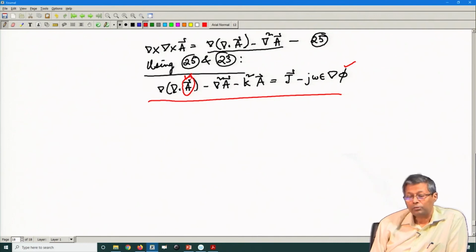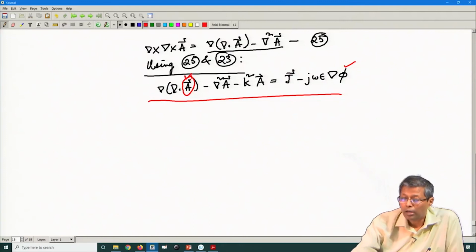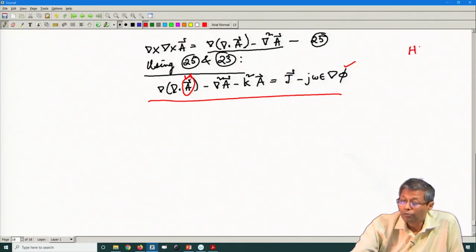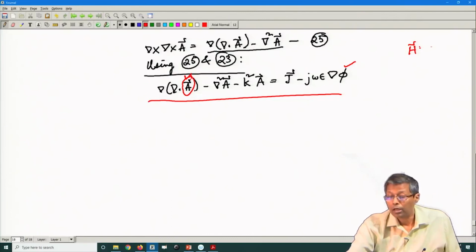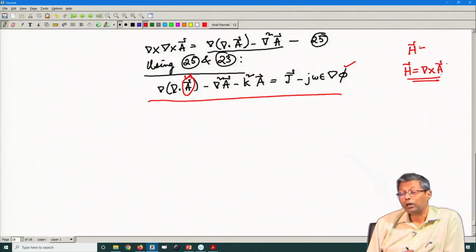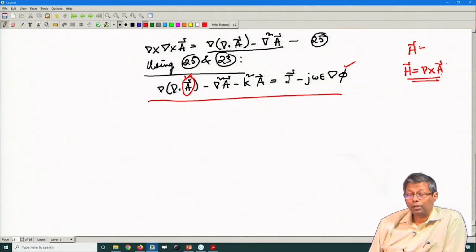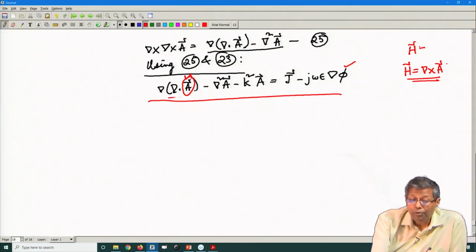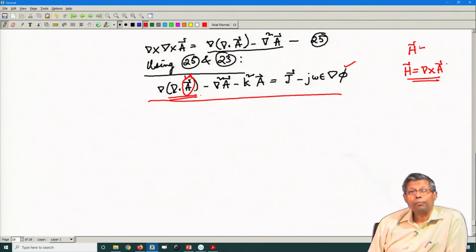In this context, we have already specified what will be the curl of A. We have defined that H is equal to curl of A, but the divergence of A has not yet been defined.